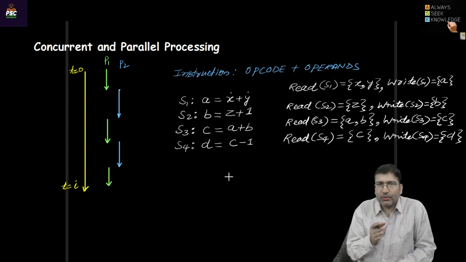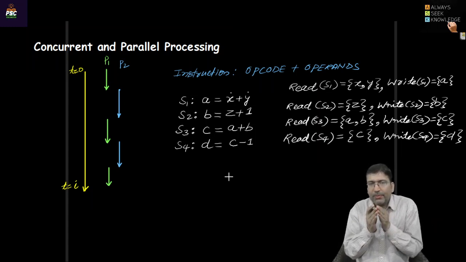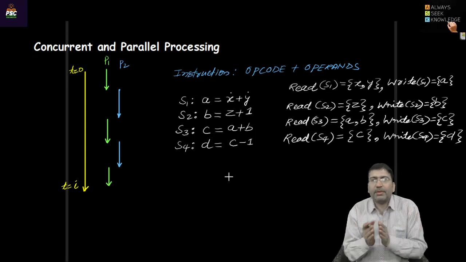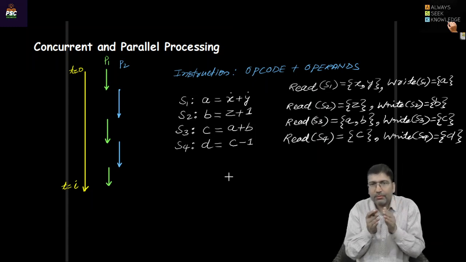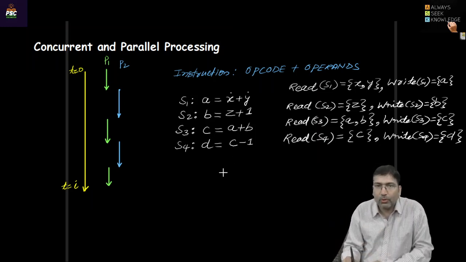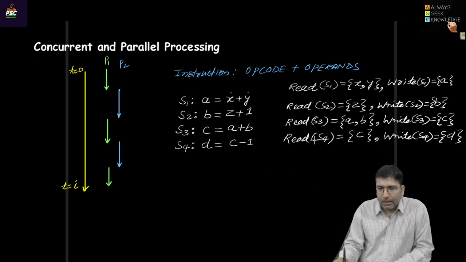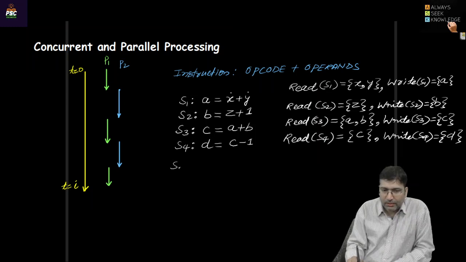Parallel execution means the statements will be executed on different machines or different processing units, right? And concurrent execution means that in the same time frame, different instructions will be executed on the same machine, the same core or same processing unit. Now, to decide whether S1 and S2 can be executed concurrently, we need to check the intersection of read and write sets.